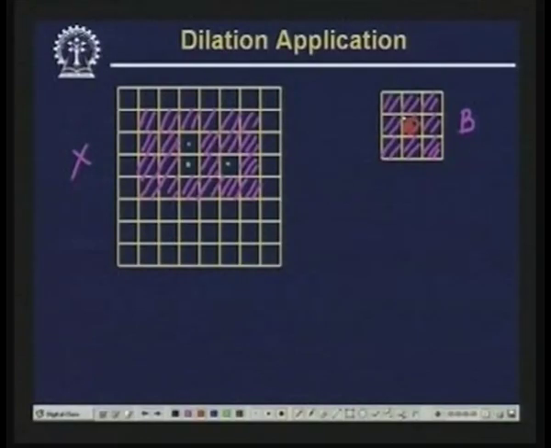So, if I go for dilation of this image X with our structuring element capital B, then you will find that all these points will be in our dilated output.